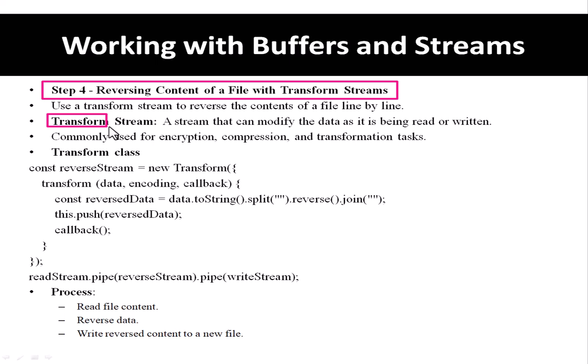It is commonly used for encryption, compression, and transformation. For example, encryption means you encrypt the file into unreadable code, and the person at the other end should have a key in order to decrypt that file.